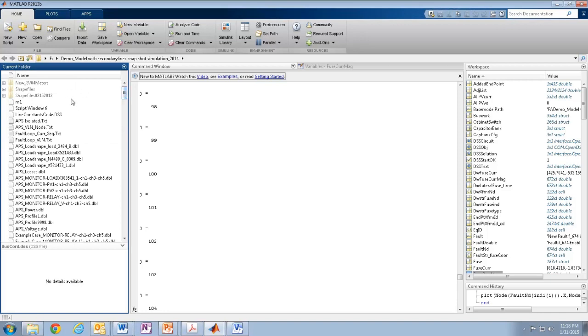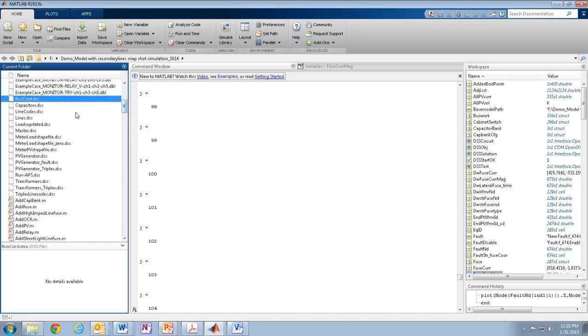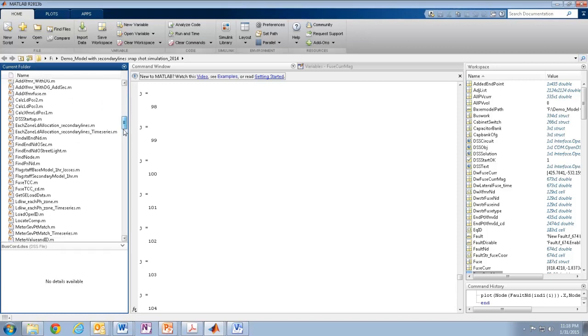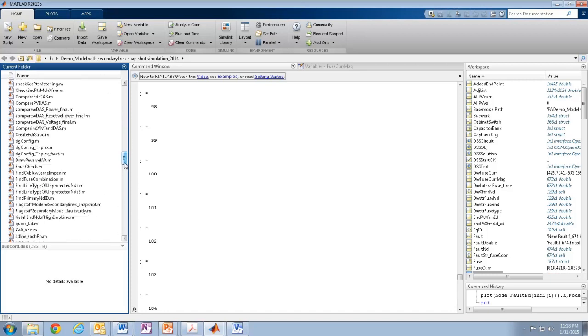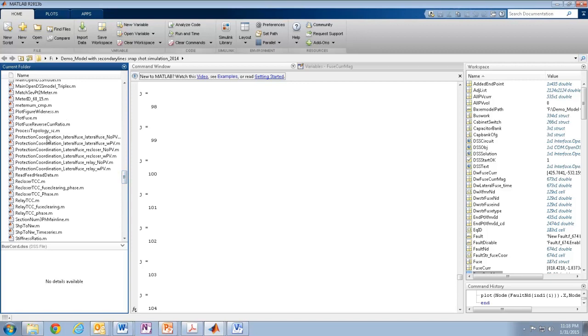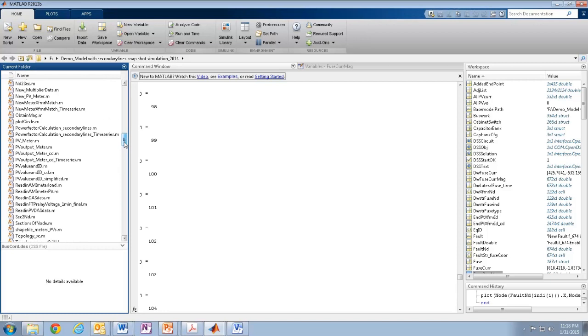It has all the GIS data information, the various DSS files that it created, most of the M files that were used to create those outputs, and some of the data files as well. All of these, the protection, coordination, lateral views, reclosers, are the things that we will be running in the next few videos to go through the coordination analysis. But right now I just wanted to show some of the DSS files.